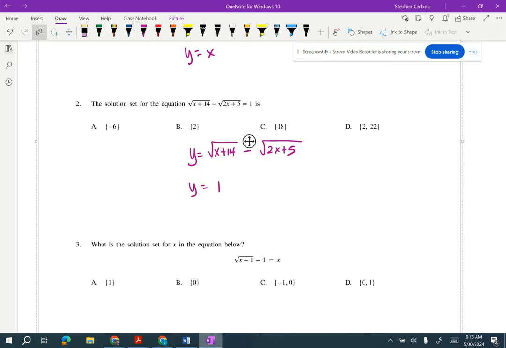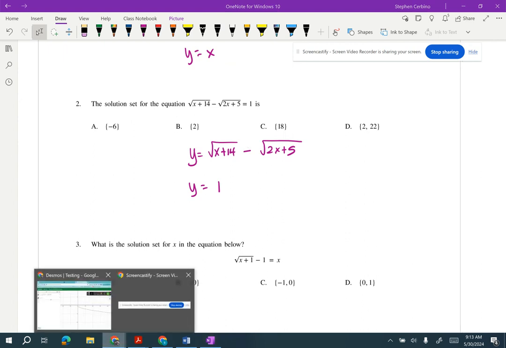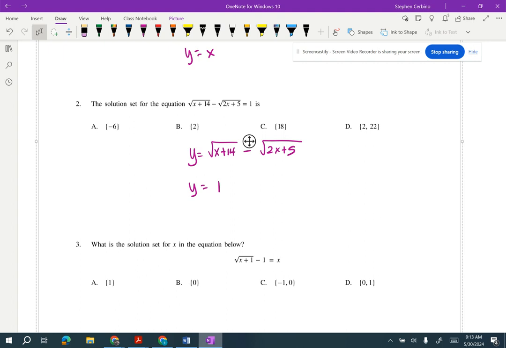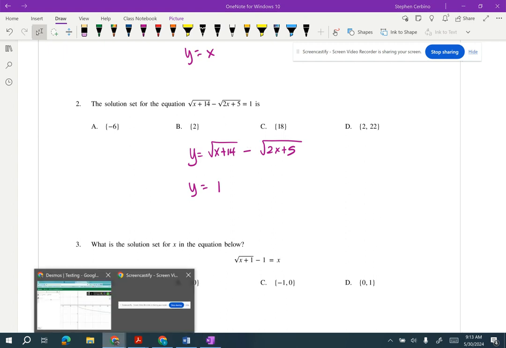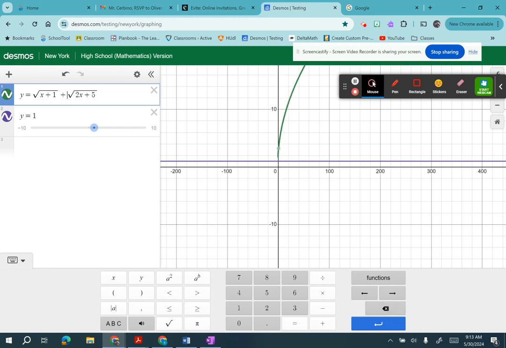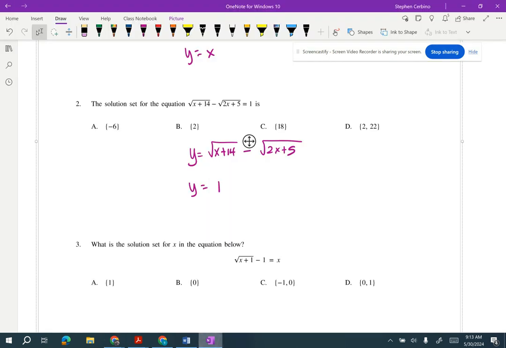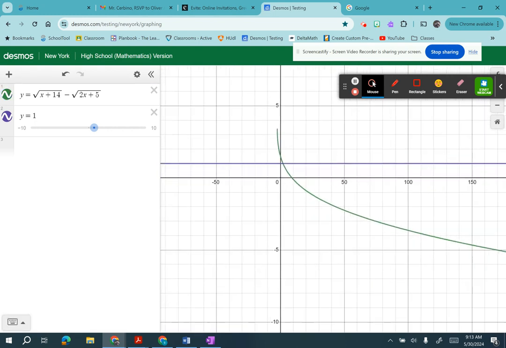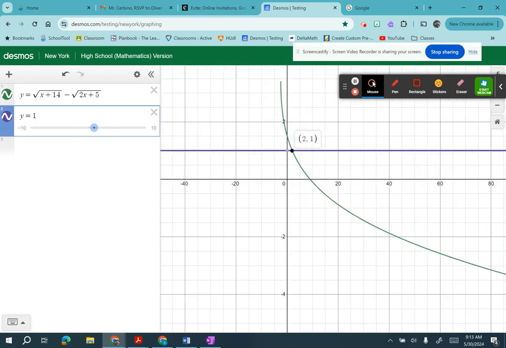Just double check: 2x plus 5, 14, and 1. I think there's a typo here. Oh, it's 14. Duh. There we go. So we have one answer, and the answer happens at 2.